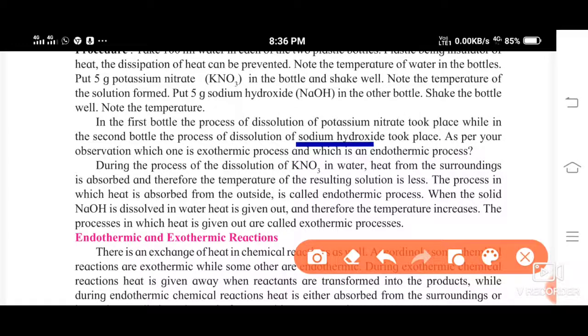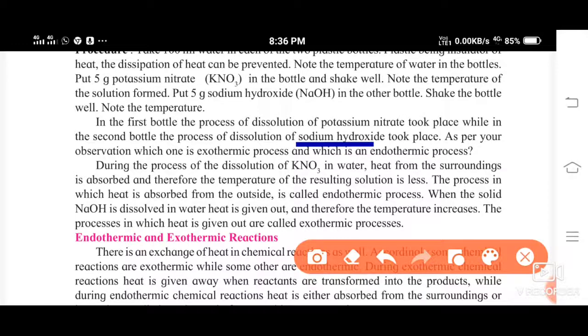This means the heat from outside has been used up for the dissolution of potassium nitrate, and the temperature of the solution has decreased. Assume the temperature of the water is around 30 degrees Celsius. When you add potassium nitrate, the temperature would have decreased.